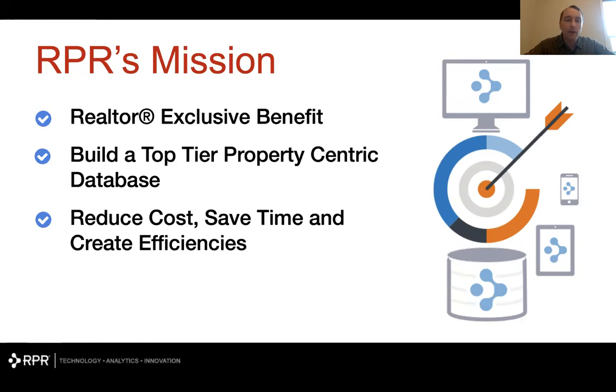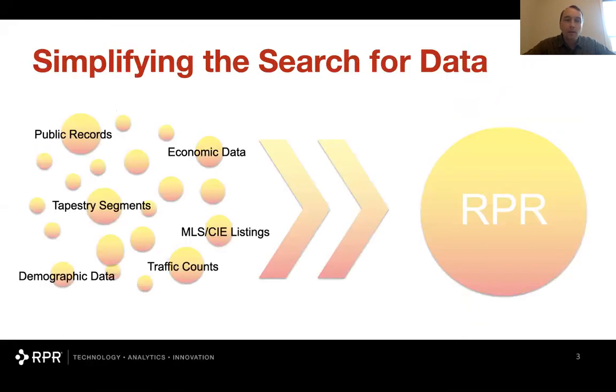Ultimately, what we want to do for each individual realtor is save you a little bit of time, maybe save you some money on other technology expenses that you're currently paying for, and create some efficiencies in your day-to-day life. One of the ways that we help create those efficiencies is that we are really just a giant data consolidator.